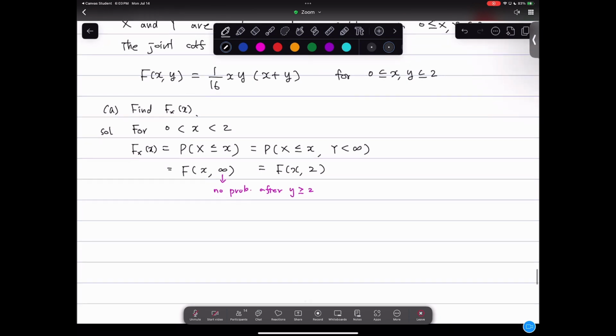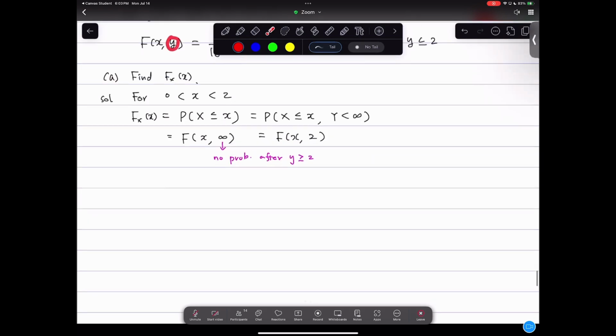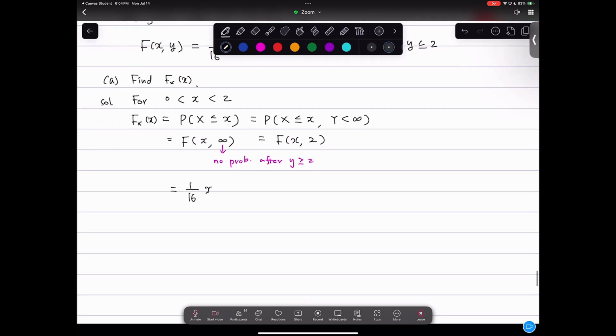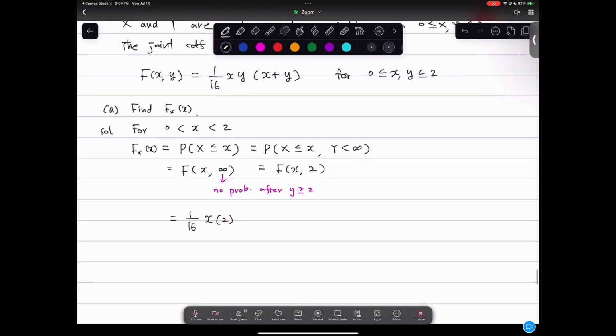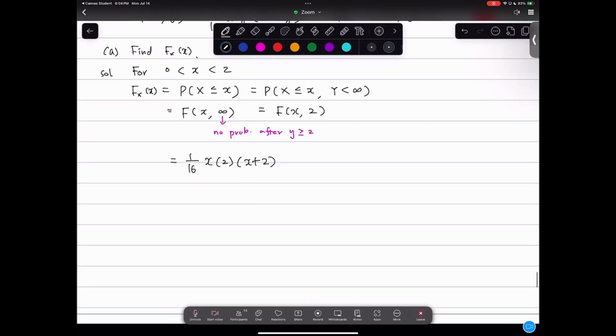So here goes my CDF, the function, and y has to be 2, so that should be 2, and that should be 2 to get the actual marginal CDF here. So that should be 1 over 16 times x times y being 2, and x plus y, x plus 2. So this is it. Now I can do some simplifying.